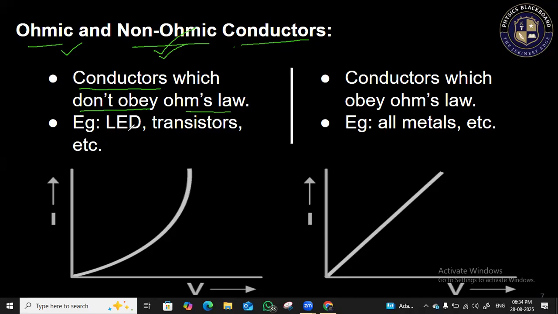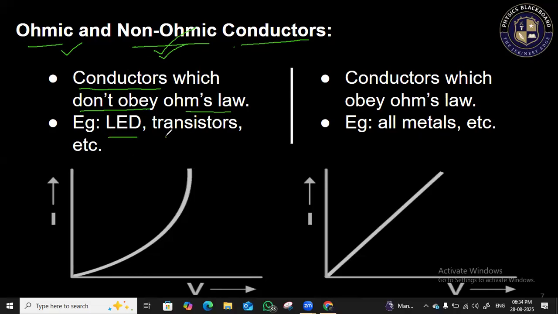That means they won't obey Ohm's law. What does it mean? That is, electric current is not directly proportional to the potential difference across the conductor. Such conductors are said to be non-ohmic conductors.